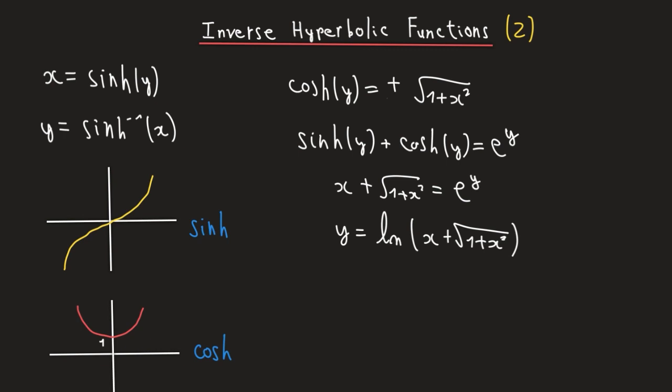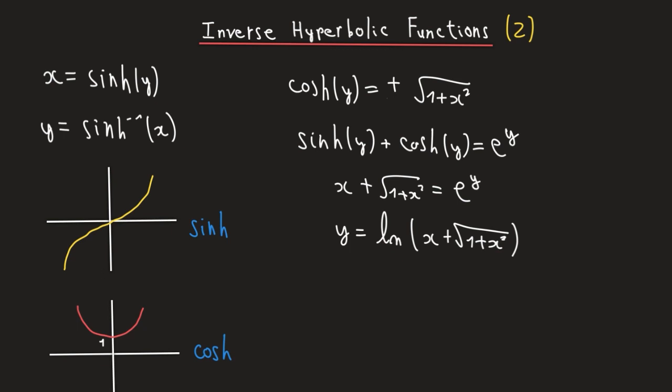Now once again, we need to make sure that this quantity over here is strictly greater than 0. The reason for that is because the natural logarithm is not defined for numbers equal to or less than 0. The way we determine if this expression is greater than 0: we already know that if x is greater or equal to 0, this quantity will always be strictly positive.